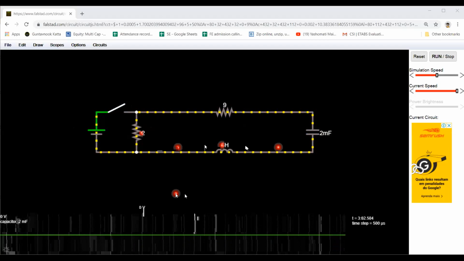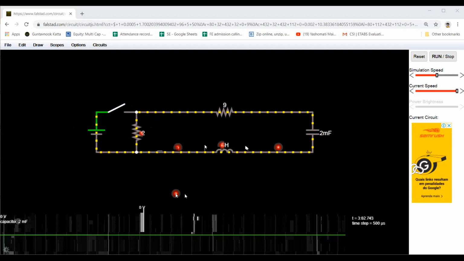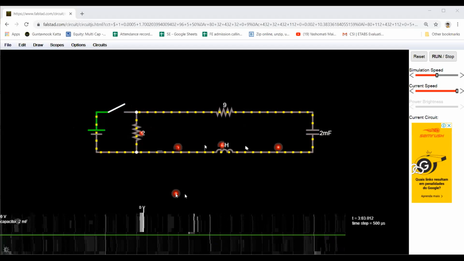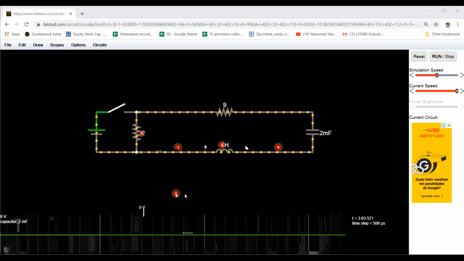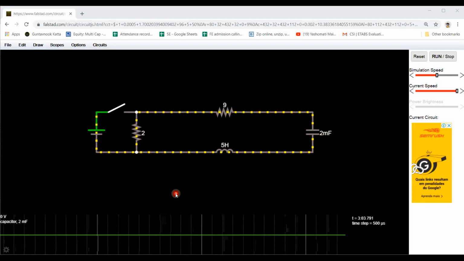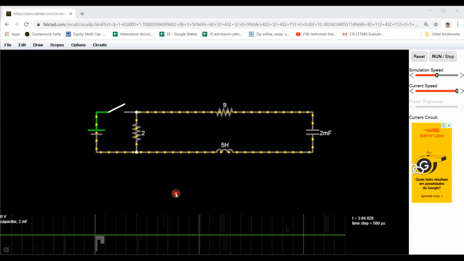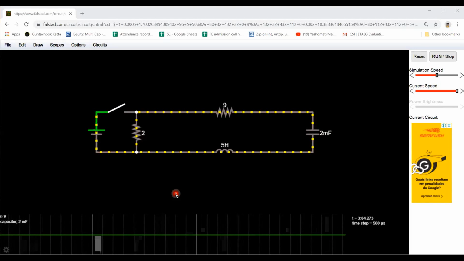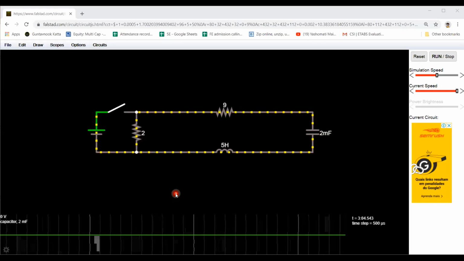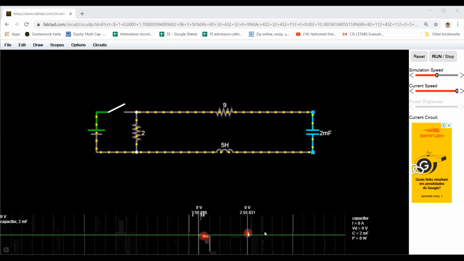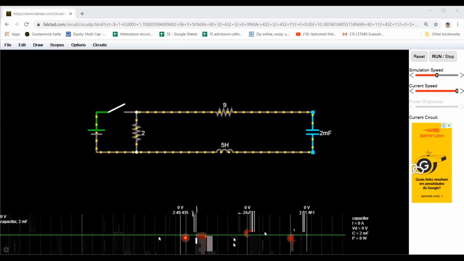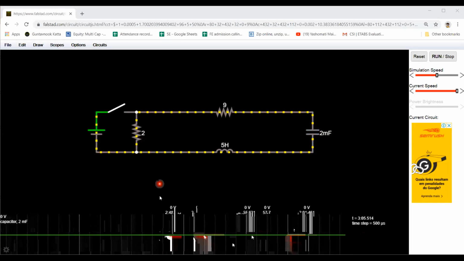It is a totally relaxed system. Initially relaxed system means there is no current flowing in the circuit, no voltage stored across the capacitor, and no energy stored in the inductor. So voltages and currents are at zero level, and it is shown on this oscilloscope screen.